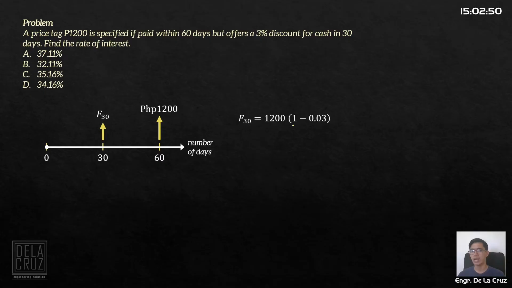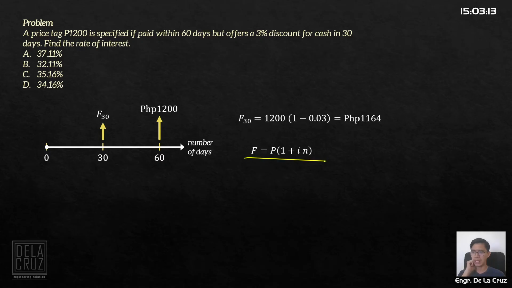So, times 1 minus 3%. O, pwede yan ha, 1,200. The same lang yan dito. Minus 1,200 times 0.03. Same yan dyan. So, you will get 1,164 pesos. Gusto natin is the rate of interest.